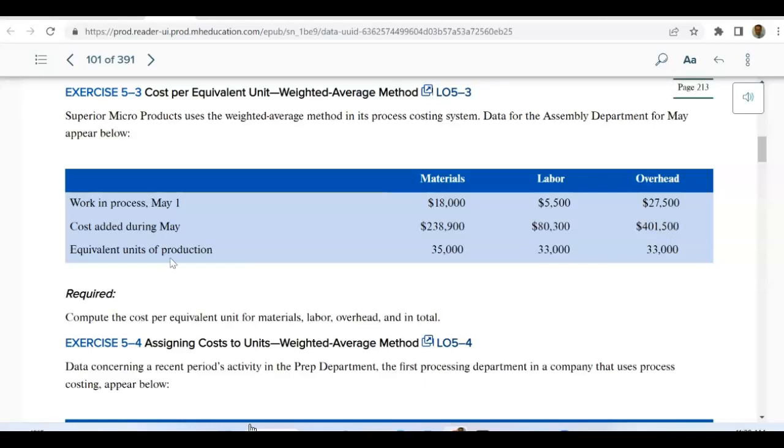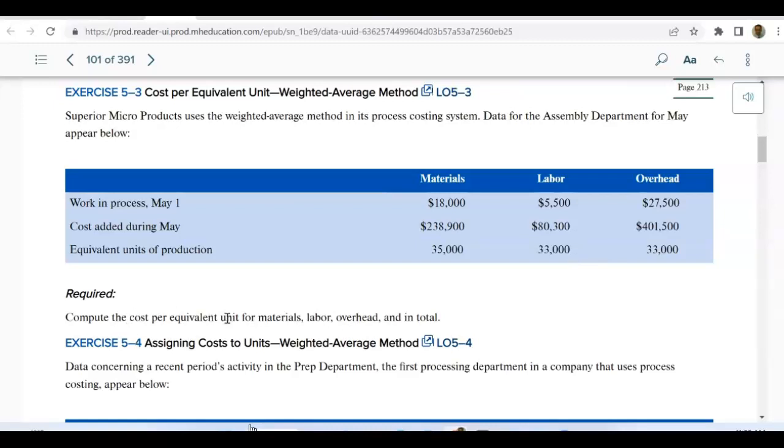Equivalent units of production, someone already calculated that for us, which we learned in the previous problem. So here is 35,000, and here is 33,000 equivalent units. And of course, if labor is 33,000, that means overhead is also 33,000, because remember, labor and overhead is always combined. We call it conversion.